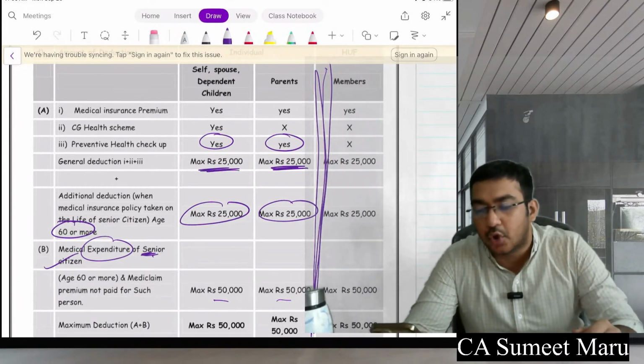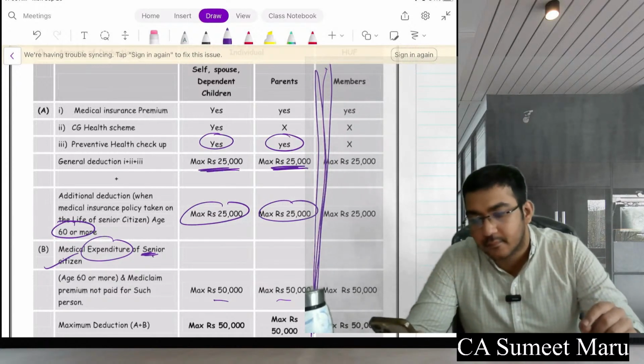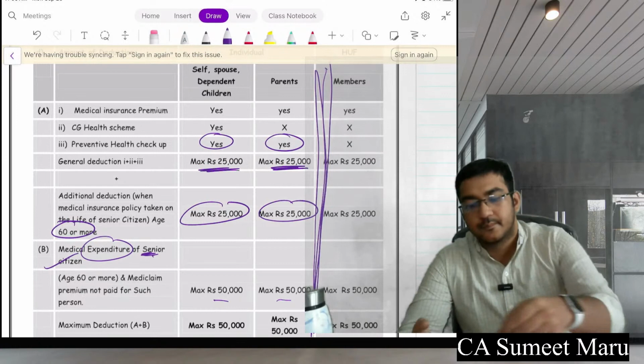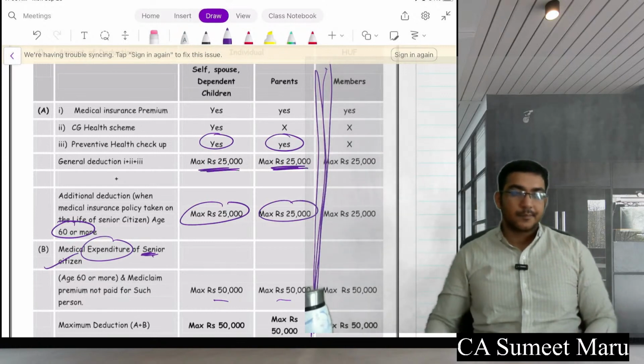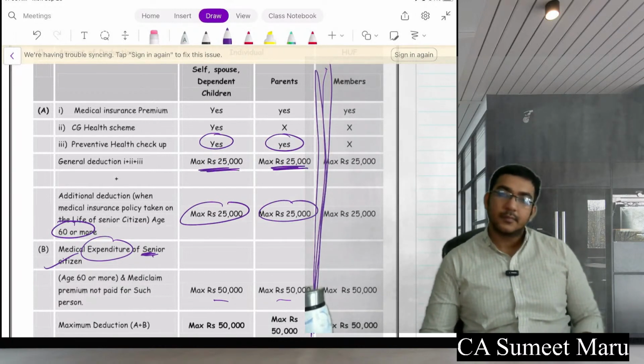Everyone clear? Just go through it, try to remember it. Done everyone?